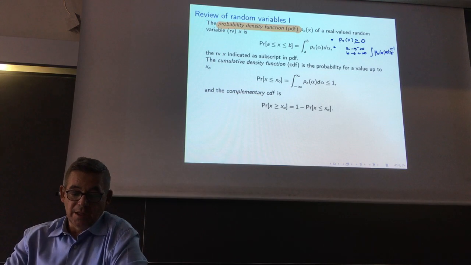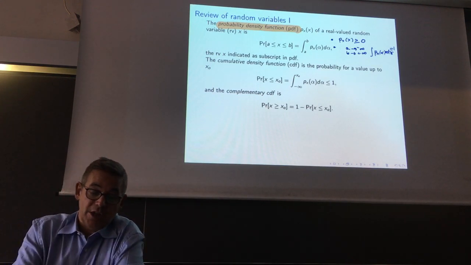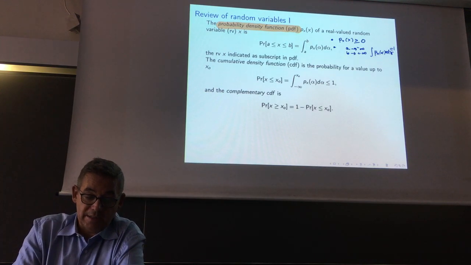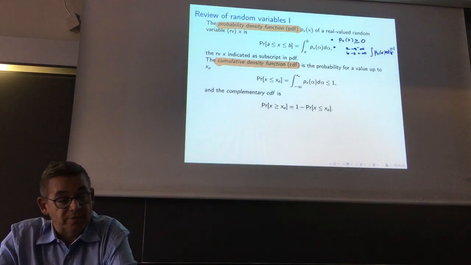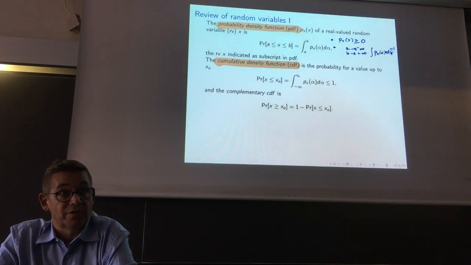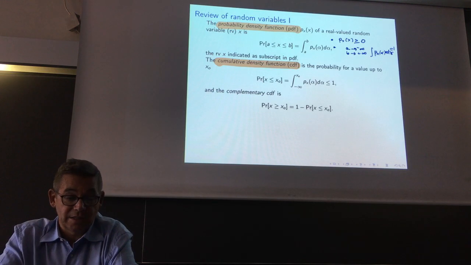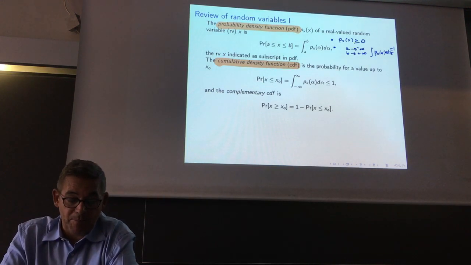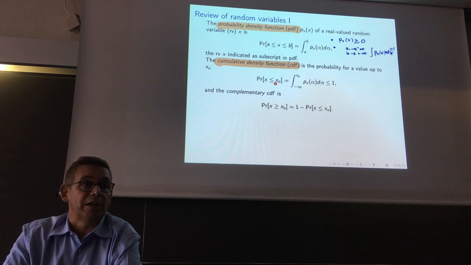Now we can define another property, which is not the probability density function but its integral: the cumulative density function, CDF. The cumulative density function is the probability that the random variable is lower than a certain value.